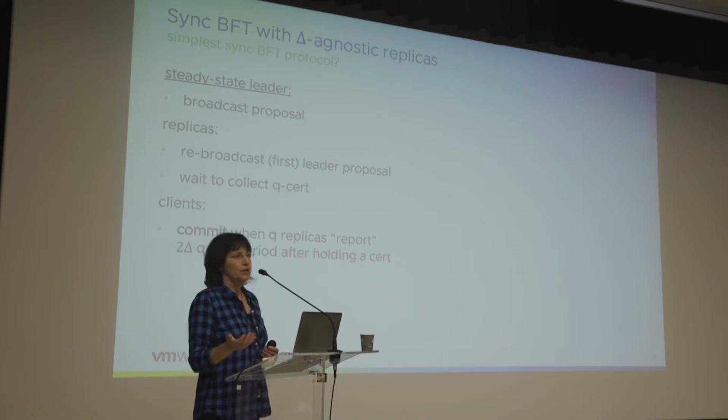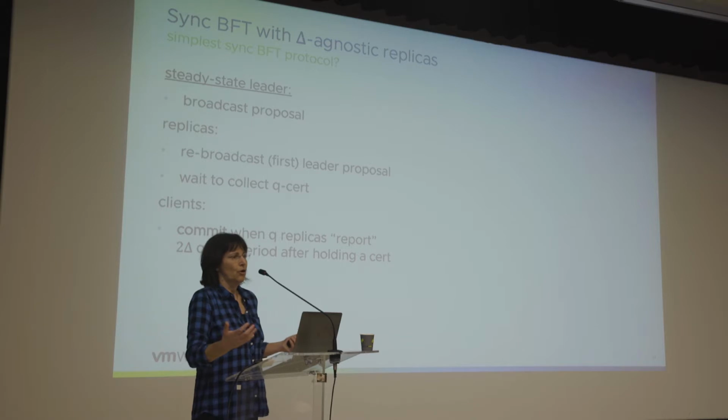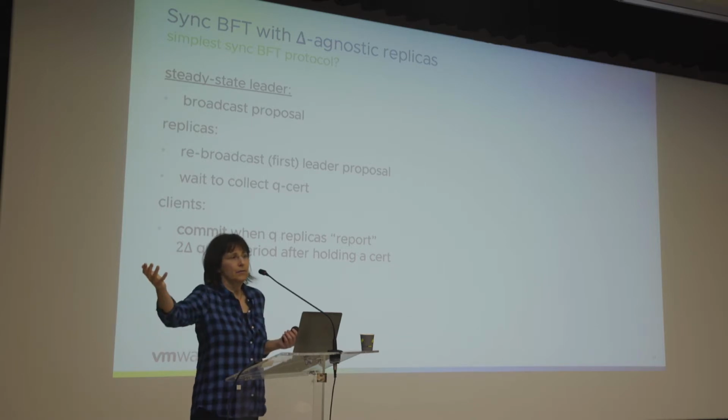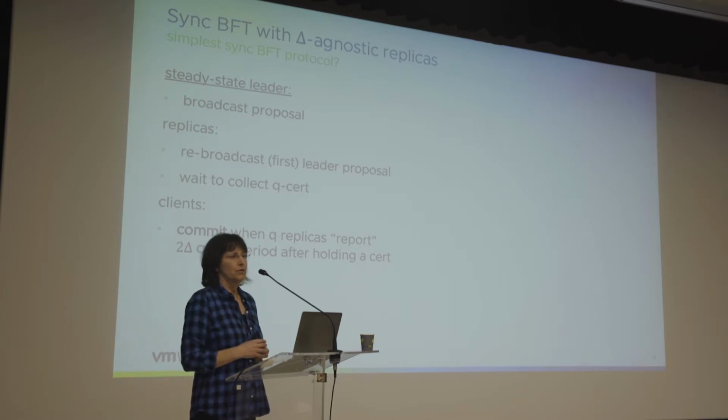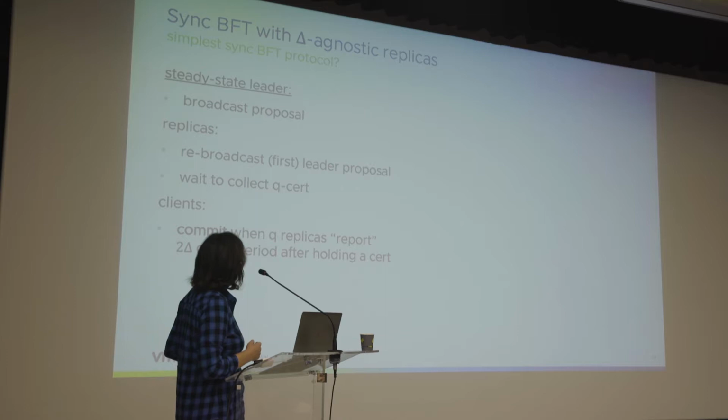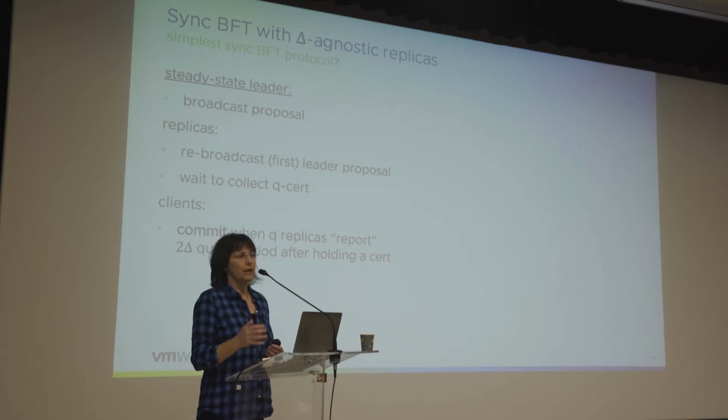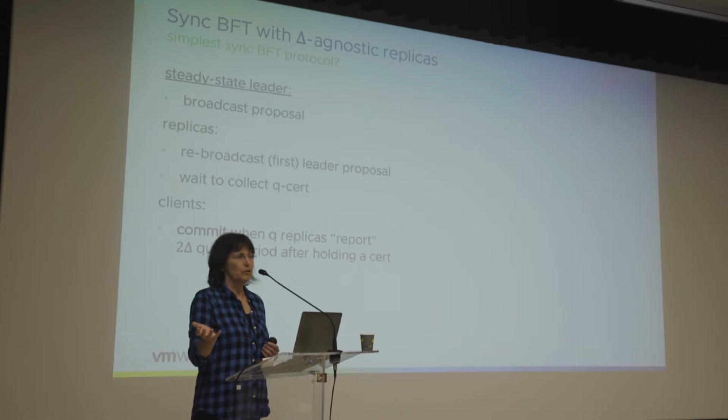Every replica, when it hears the proposal, will vote for it by broadcasting a vote, and the vote also serves as a reproposal. So everybody that didn't get the proposal originally from the leader and gets the broadcast of a vote will also see this proposal. And then everybody waits to collect votes from a quorum Q of participants.